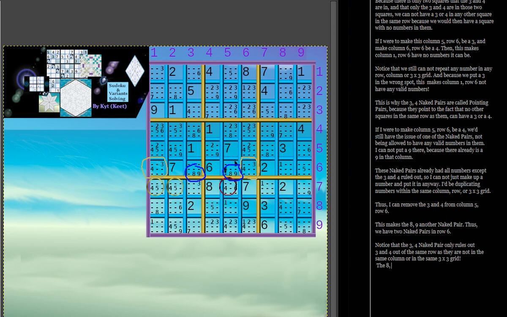The 8, 9 naked pair is also not in the same 3 by 3 grid or the same column. I cannot use them to remove 8s and 9s from their columns.